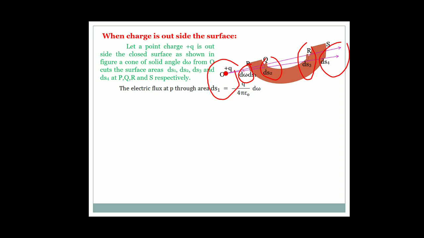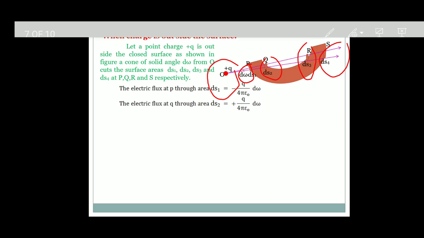So the electric flux phi through the area ds1 is equal to, electric flux being nothing but the number of lines of force, minus q by 4 pi epsilon naught into d omega, according to the previous lines. Next, the electric flux through area ds2 is how much?